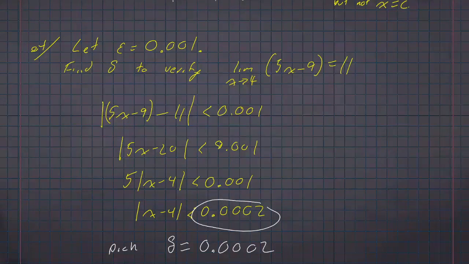But that's fine. Once you have a value of delta, any smaller value of delta will work. If you find a value of delta that works for a specific value of epsilon, that same value of delta will work for any larger value of epsilon. That's the transitive property of inequality. But what we're looking for is any one that will work.